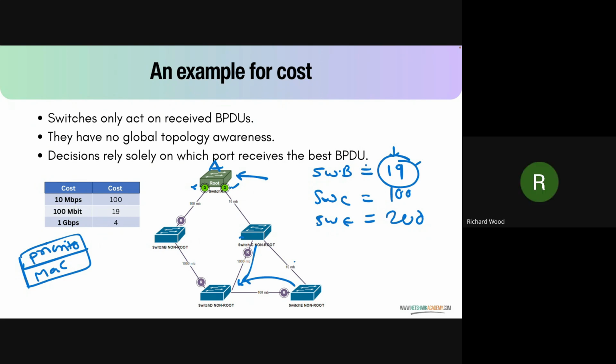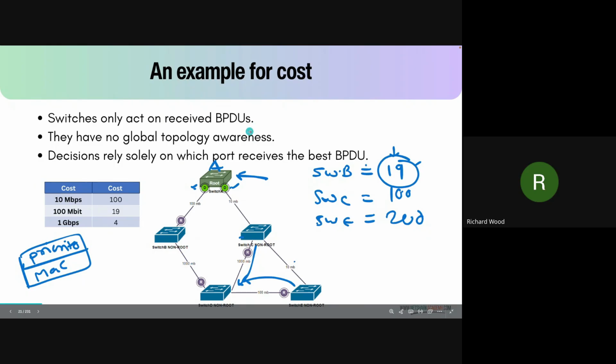Basically, steps 1 and 2, using the MAC address and the priority, are used to decide who's going to become the root bridge. Once that election has taken place, we use the cost to decide which interface we're going to use to reach the root.